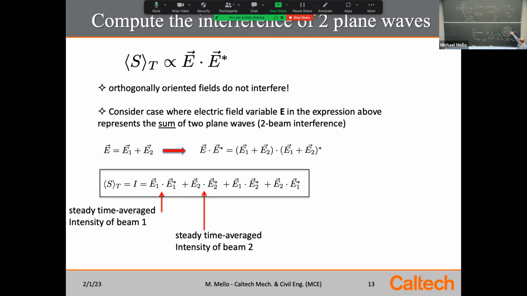The light signal that is going to a diode, which is being converted to an electrical signal, has this first piece, which is constant. This is E1 conjugate, and this is essentially the intensity I1, which is nothing but E1 dot E1 conjugate.